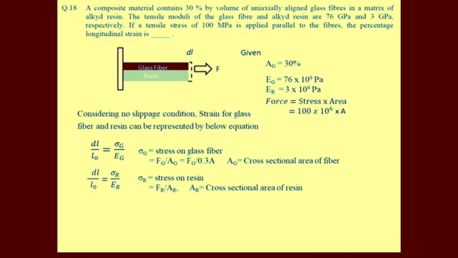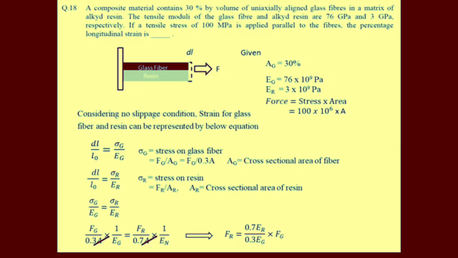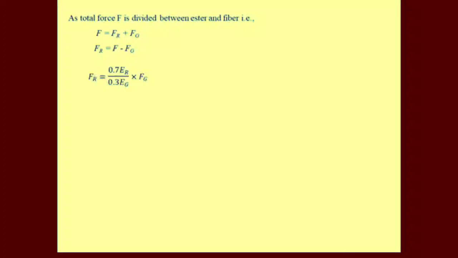Equating strain on fiber and resin, and on simplification, we find a simple relationship between forces on fiber and resin. Now, the total force is the sum of force taken up by fiber and resin. Therefore, we can replace force taken by resin by total force minus force taken by fiber.